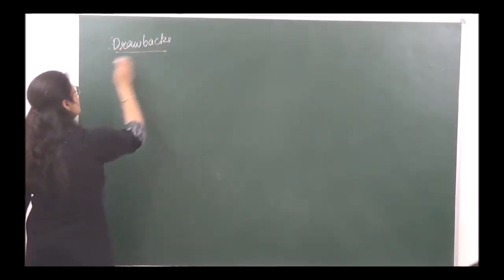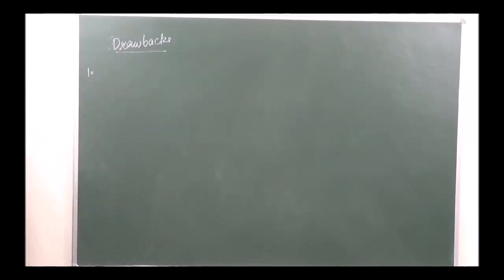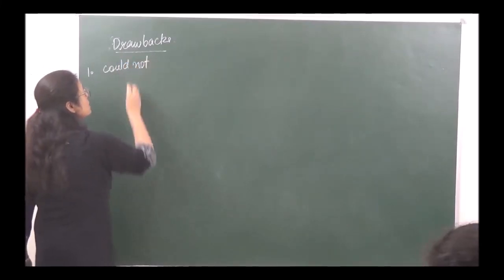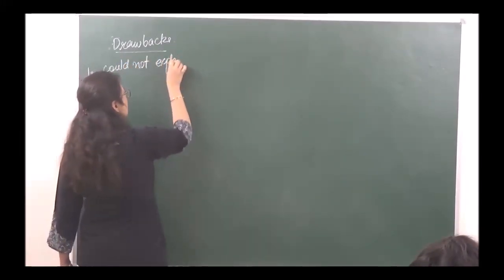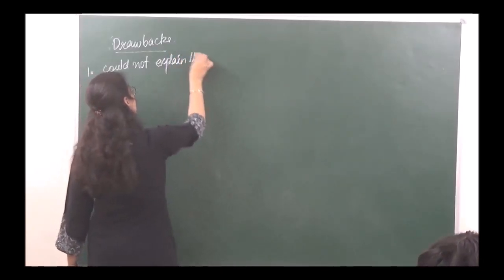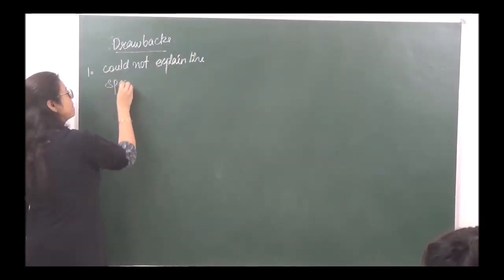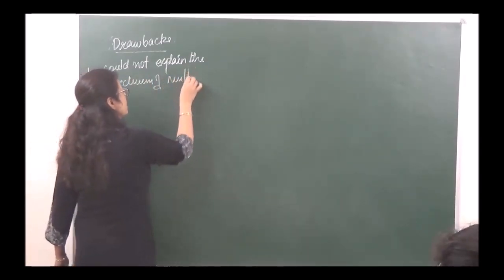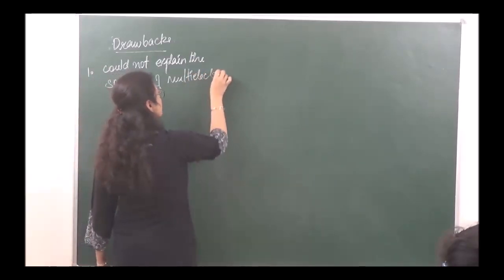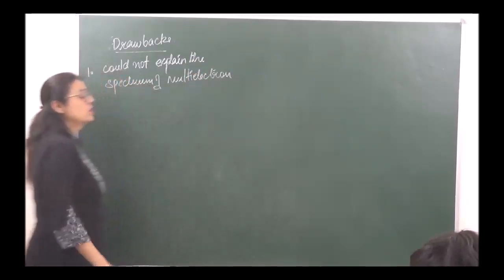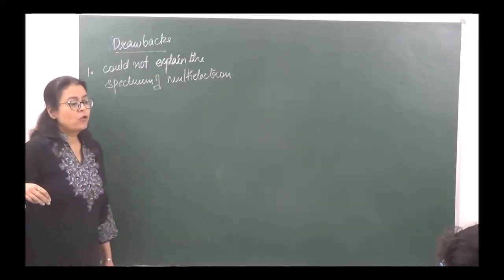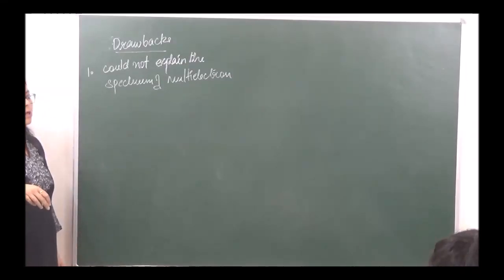The first drawback was that it could not explain multi-electron systems, which means it could only explain the spectrum of those systems which had one electron: hydrogen and hydrogen-like ions.